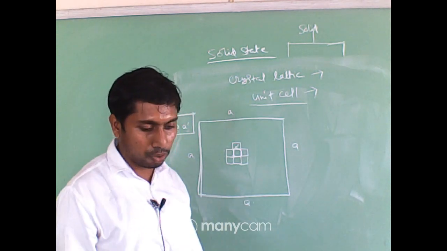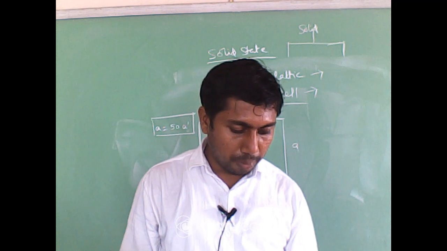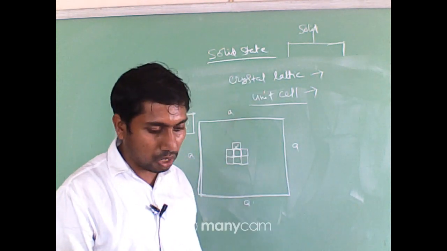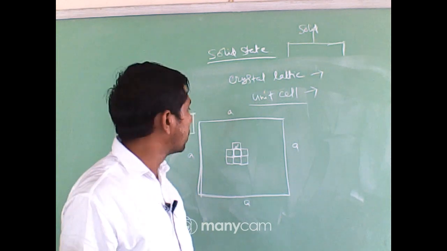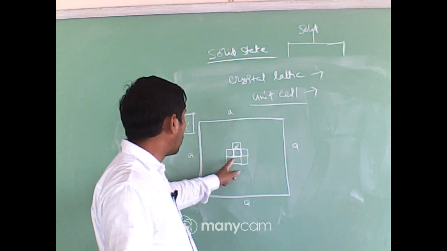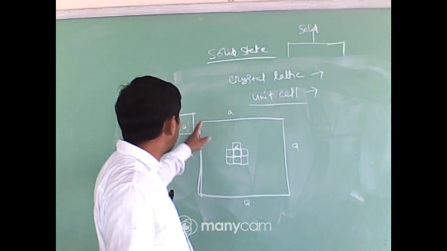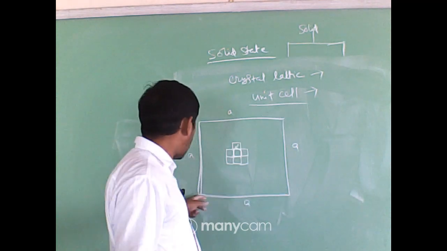Now look at your book. The main characteristic of a crystalline solid is a regular and repeating pattern of constituent particles. In the corners there are constituent particles. Here the constituent particles are 4.